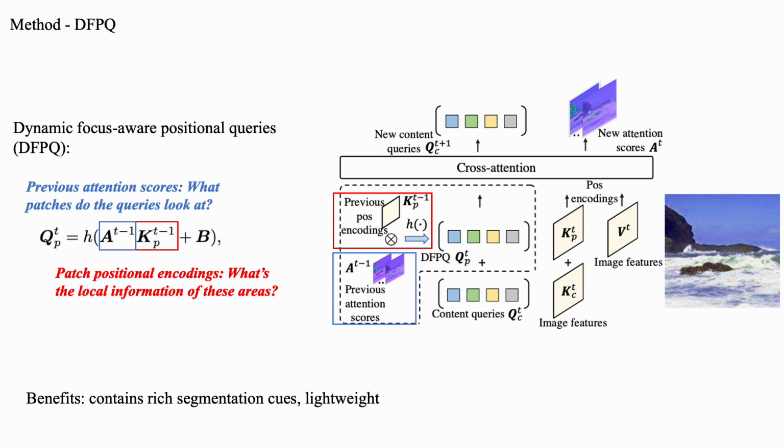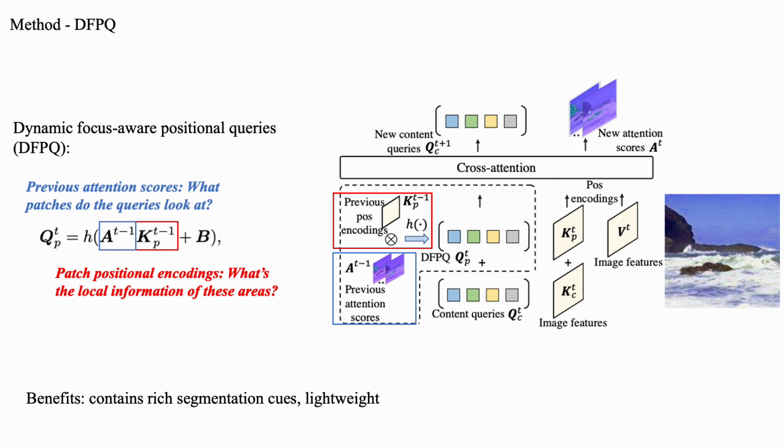We next present our main method, the DFPQ, which is simple yet effective. The formulation of the DFPQ is on the left-hand side, which includes 2 parts. The first part is the previous attention scores, which tell us which patches the queries actually look at. The other part is the patch positional encodings, which tell us the local information of these areas.